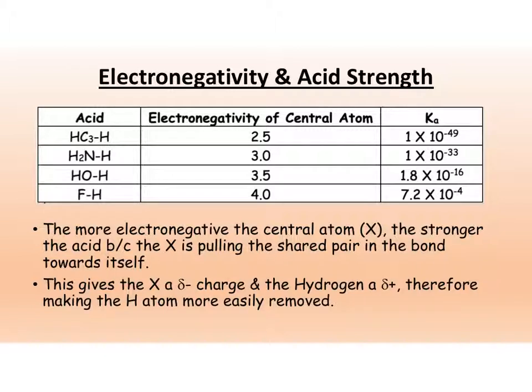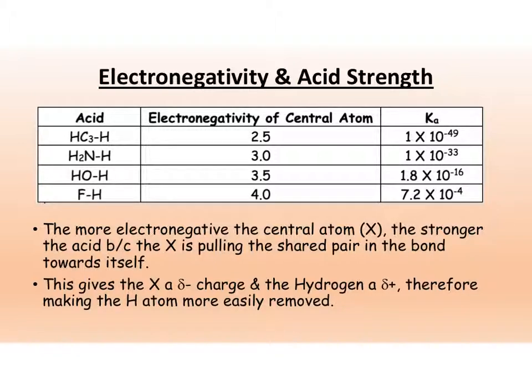All right, so let's look at electronegativity and acid strength. Remember, electronegativity is basically the ability of that element to draw the shared pair towards itself in the shared bond. It's kind of a bully. It doesn't like to share very fairly. Looking at our Kas and our electronegativities, it seems like the more electronegative the central atom becomes, which we'll refer to as X from now on, the stronger the acid is.